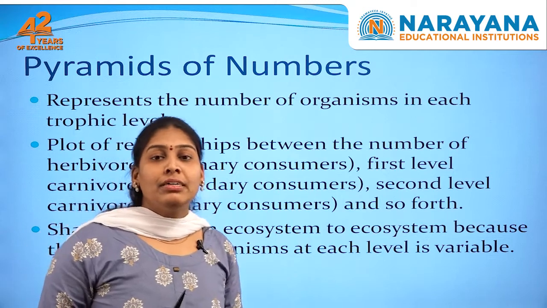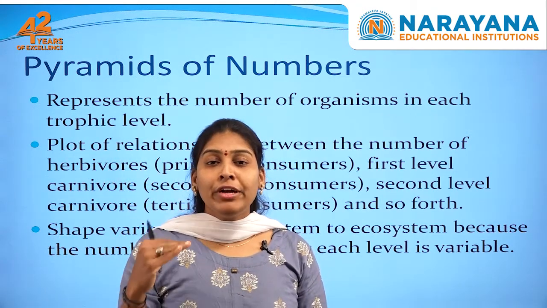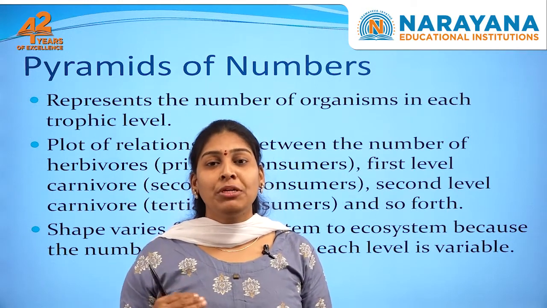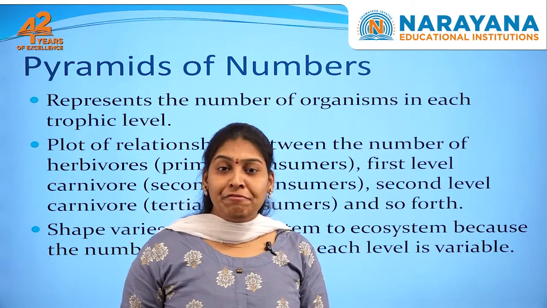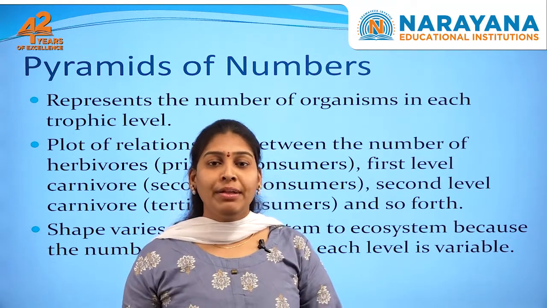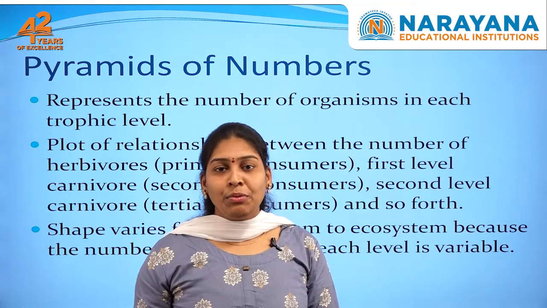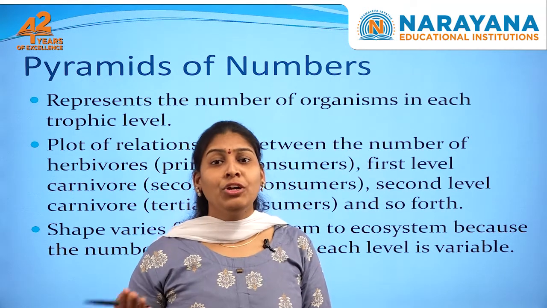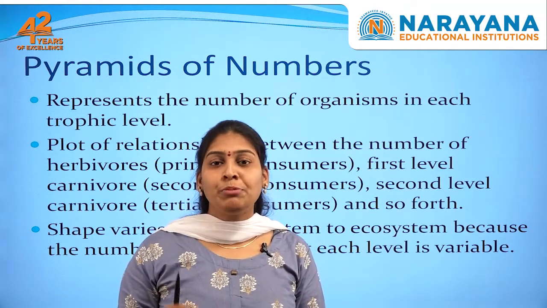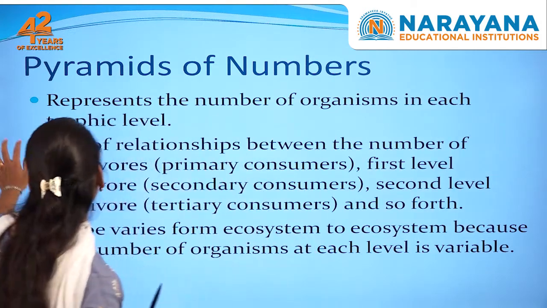The number of organisms present in each trophic level is called the pyramid of number, and it differs from one ecosystem to another. When comparing terrestrial and aquatic ecosystems, it is different, and when taking producers, it is different.